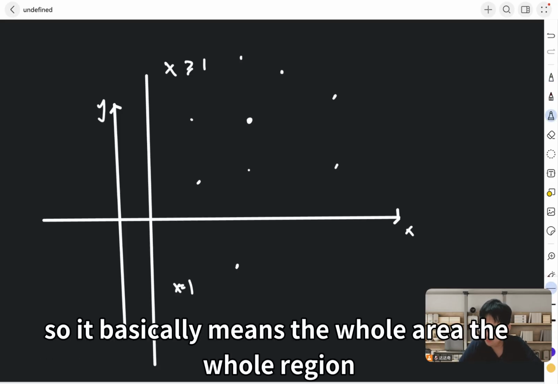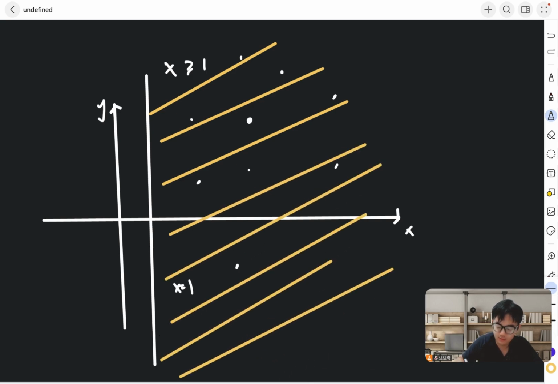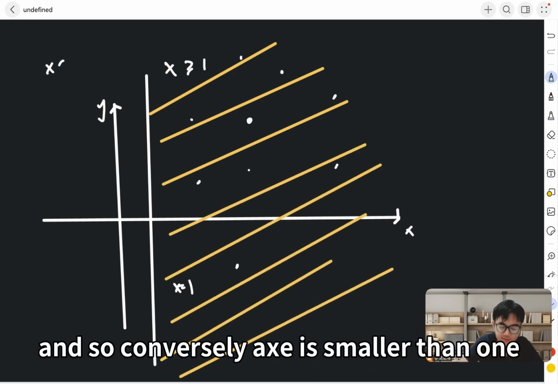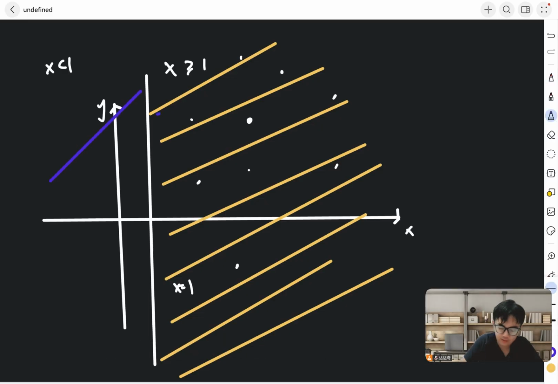So it basically means the whole region. Conversely, x smaller than 1 means the area on the left side.